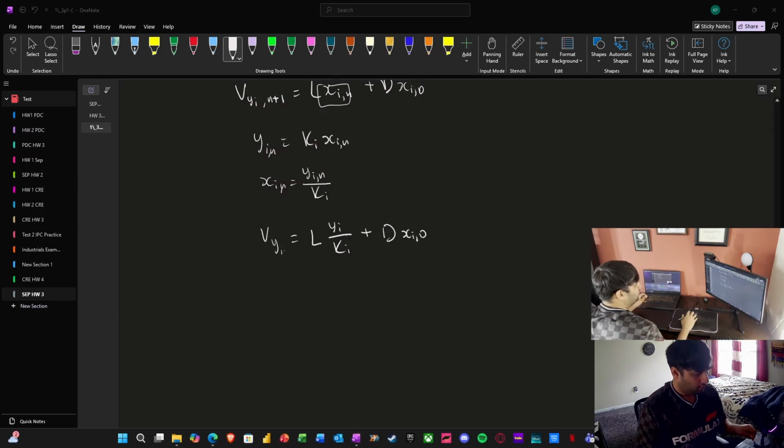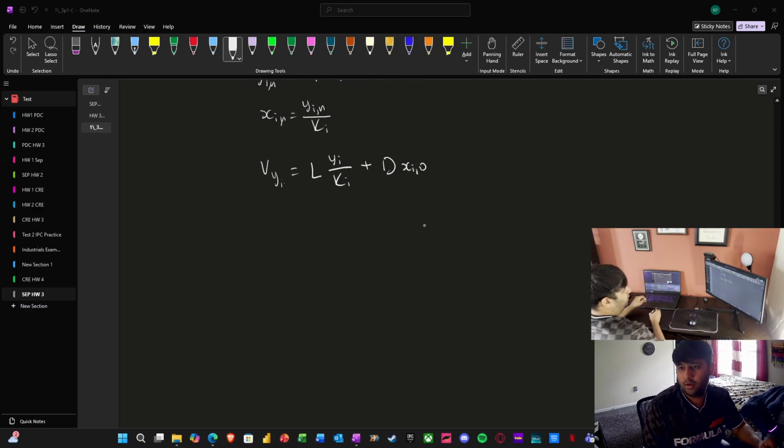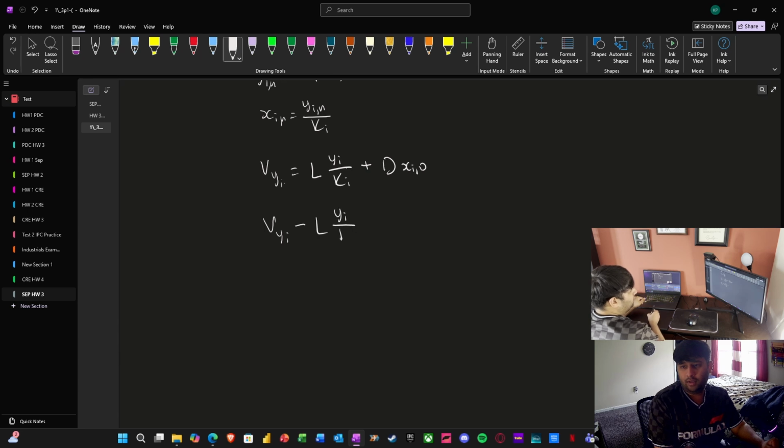There we go. So now what we're going to do here is we want to get our yi isolated. So we also have right here 2 of them. So yi minus L, yi ki equals d xi d.